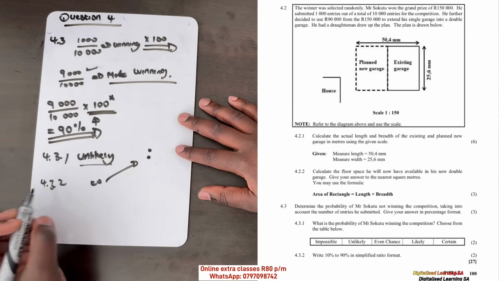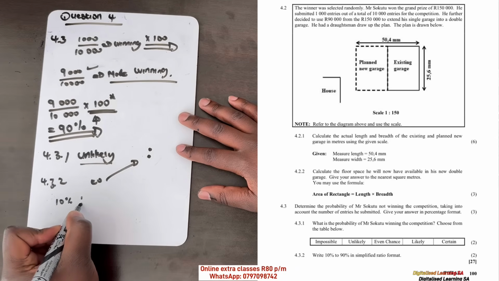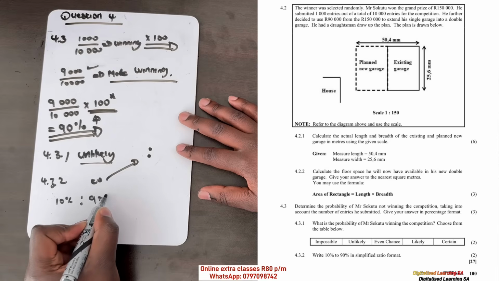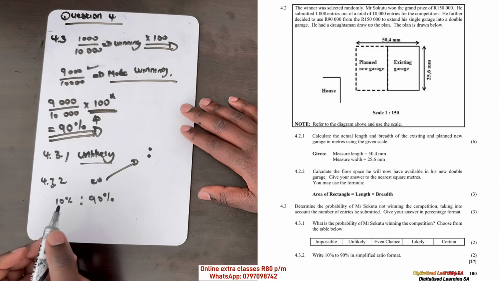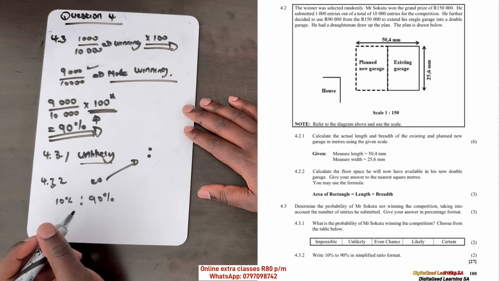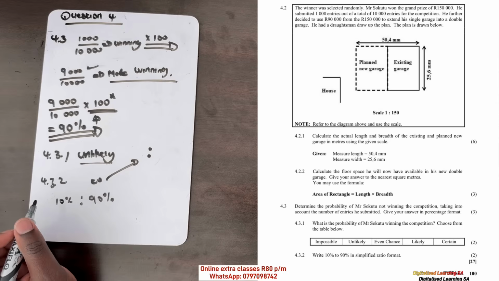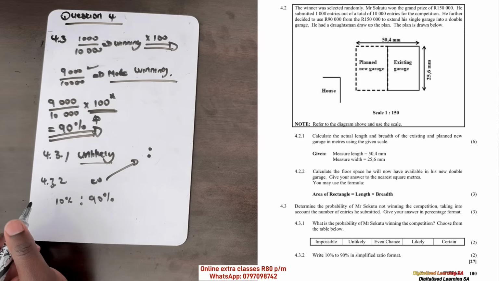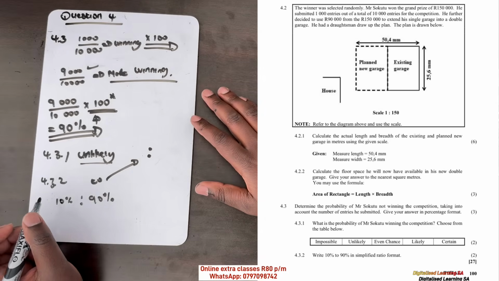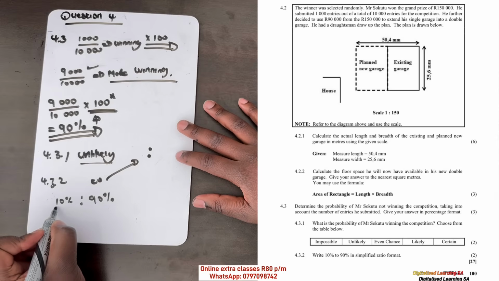So it will be 10%, the two famous dots, 90%. In a simplified form, we need to divide by a number that gives us an answer without decimals, commas or fractions. So we will divide by the smallest number first, which is 10.